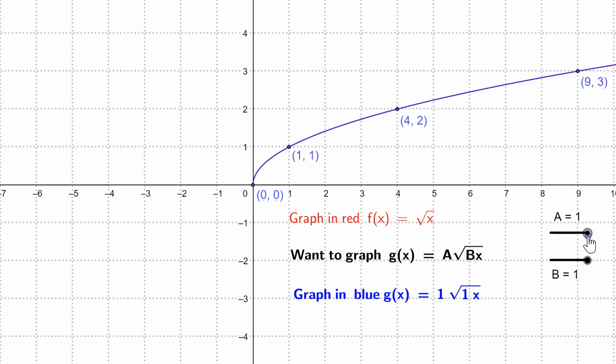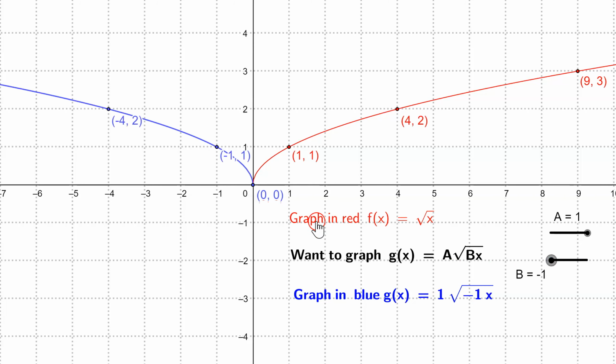Now let's put a back to +1, and now I'm going to multiply by a -1 inside the function. And now look what happened to the graph. It used to be on the right of the y-axis, now it's on the left.